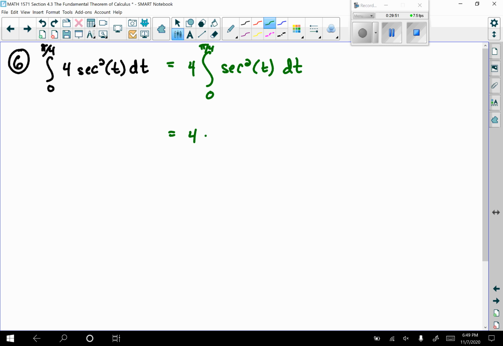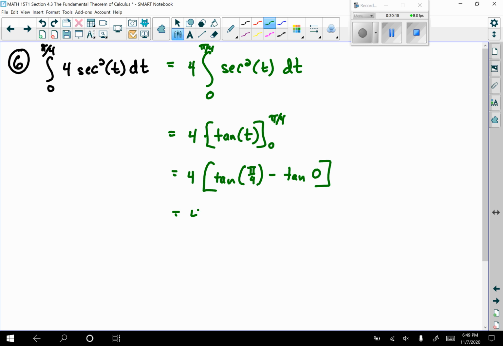So this just becomes 4 times tangent t. Now, we could leave this here, or technically we could just leave it out in front as we evaluate this. So we could say 4 times tangent of pi over 4 minus tangent of 0. Because that's just one number, I don't really need to keep it in its own set of parentheses.